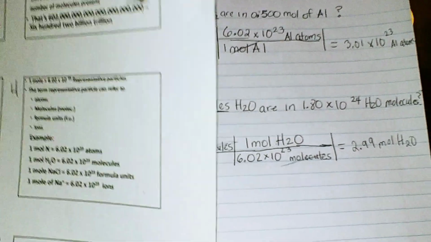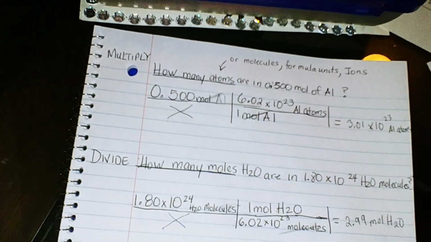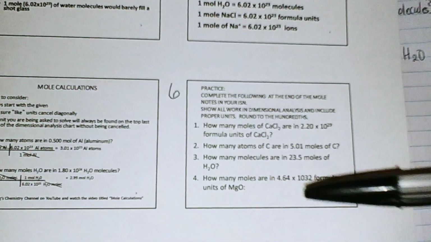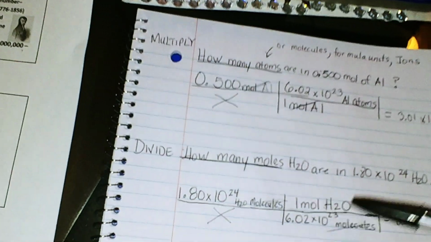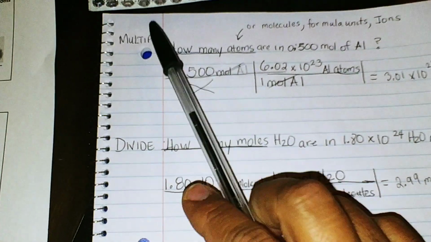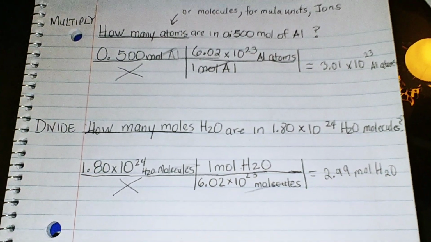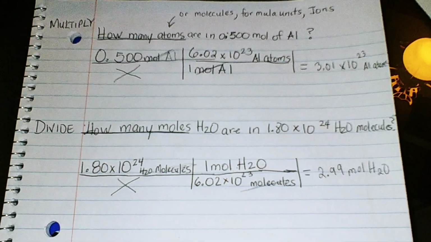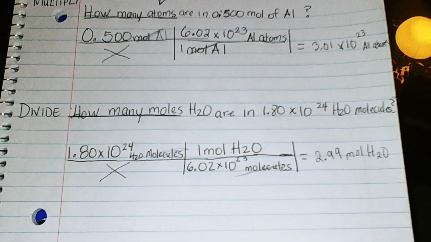And anytime you see how many atoms, molecules, or formula units, like problems 2 and 3, you're going to set them up like this. So you would multiply for those and divide for the others. That's pretty much your assignment. Don't forget to do the summary at the end, and I will see you guys tomorrow.